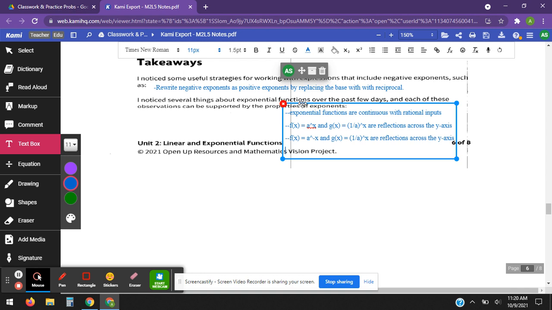And last but not least, end behavior is an asymptote.